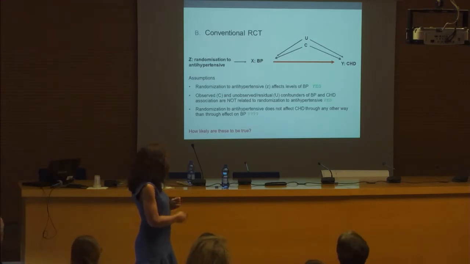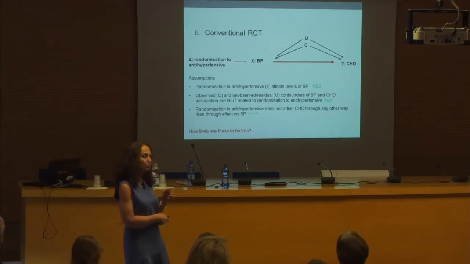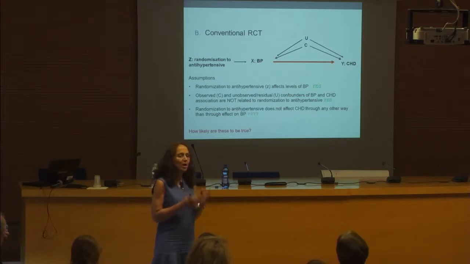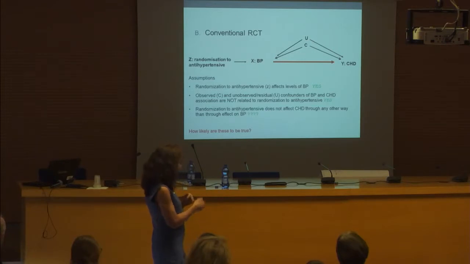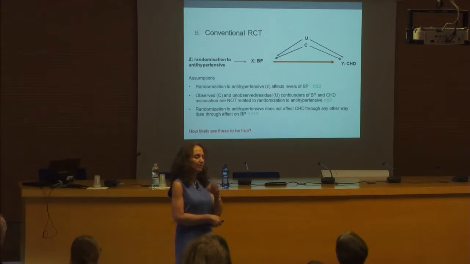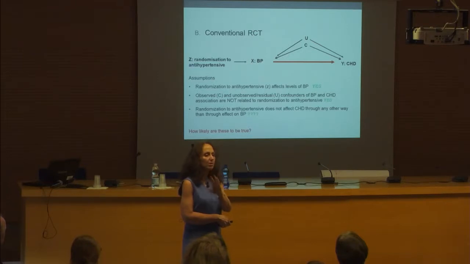The second assumption, that this randomization is not going to be related to measured or unmeasured confounding of blood pressure with coronary heart disease, again, I'm convinced that's true if you've done a well-conducted randomized control trial. So we're left with this last assumption, which is that randomization to take a blood pressure lowering drug, yes or no, is only going to be associated with coronary heart disease through its effect on blood pressure.